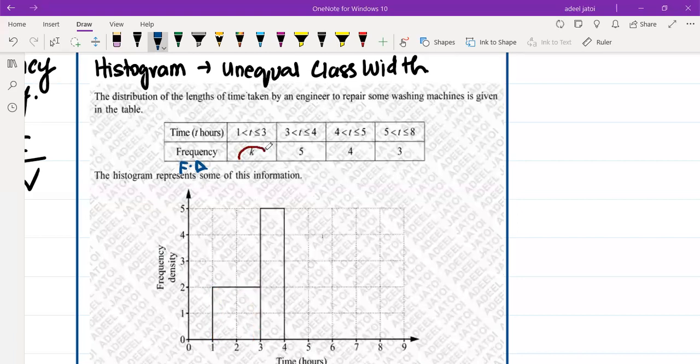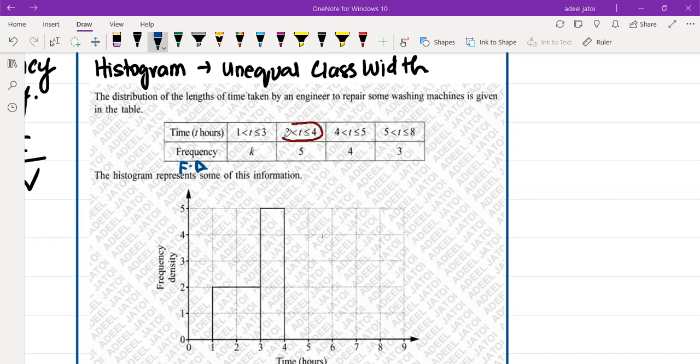In this case, we will be told to find the frequency, again through the frequency density formula. We'll do it, but let's first complete this diagram.